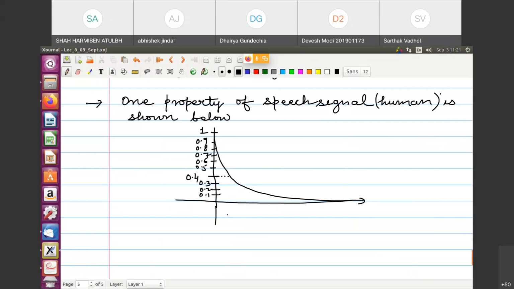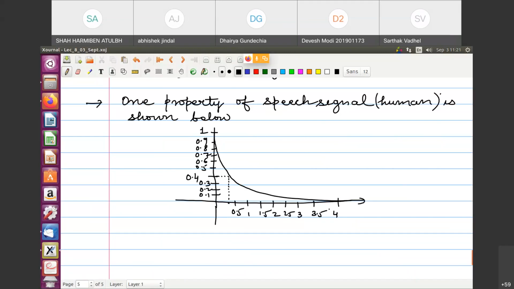Okay. And this, let us say, is 0.5. Okay. 1, 1.5, 2. And this, suppose, is 4. 2.5, 3, 3.5. This is not to scale.